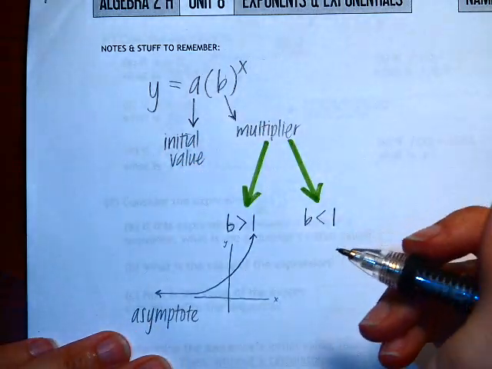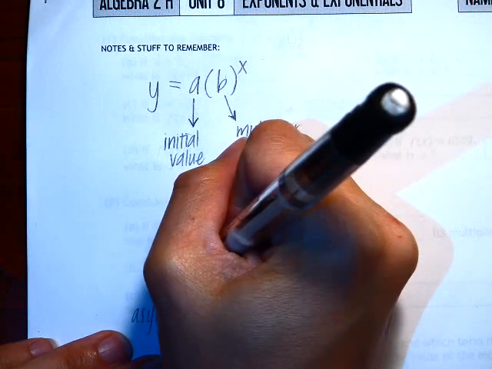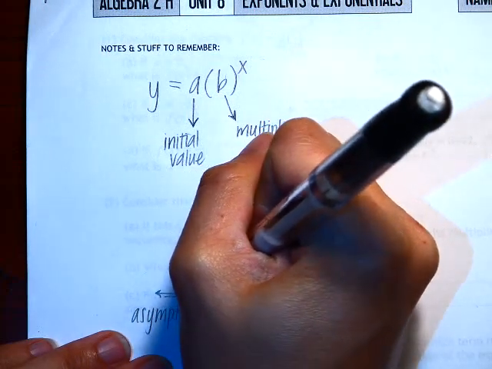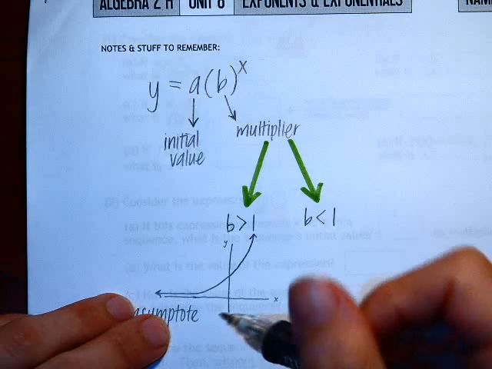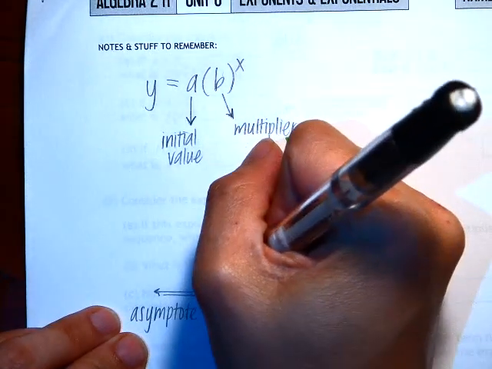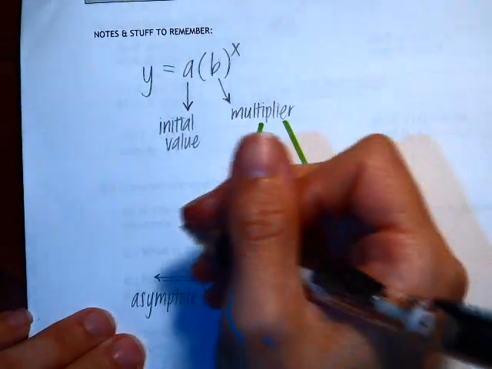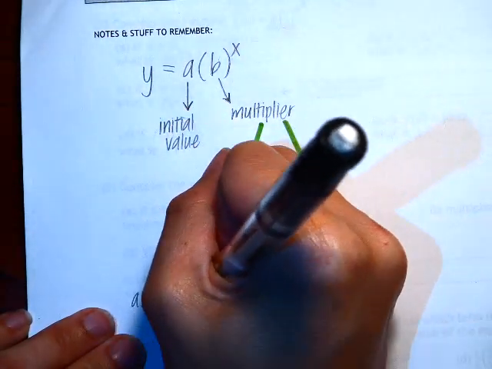And in this case, the asymptote is the x-axis, because if you actually zoom in, and hopefully you did this on Desmos, the graph gets really, really close to, but never really touches the x-axis. So that means the x-axis is acting as an asymptote. You can say that its equation is y equals 0.